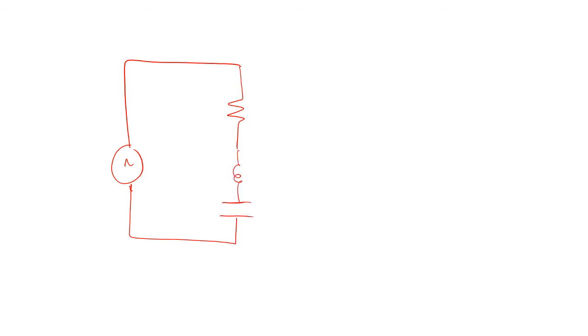But what about a little bit more complicated system? So we now have an RLC circuit. And so the voltage is still some V0 sine omega t. But now we realize that the current through here is going to be something different.